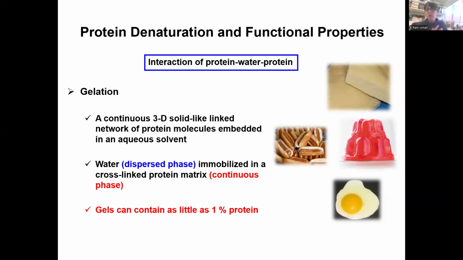And whey protein, for example, also gels at low concentration, like 5%. But pea protein, depending on the source, might not form a good gel unless you have 20% protein. Soy can form a gel at 12.5, but usually we form it at 15 so that we can actually measure the gel strength. So different proteins gel at different protein concentrations.